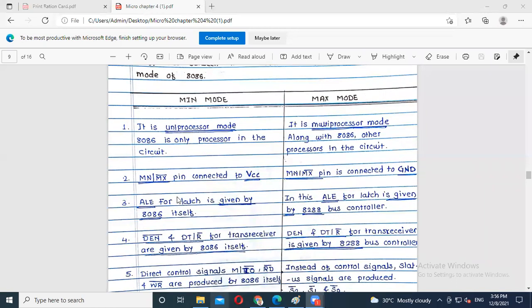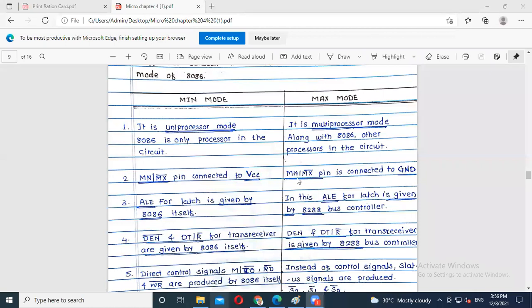Okay, so in the minimum mode, we have to use the MN/MX bar pin connected to VCC, but in the maximum mode configuration, this MN/MX bar pin is going to be connected to ground. This is one difference.